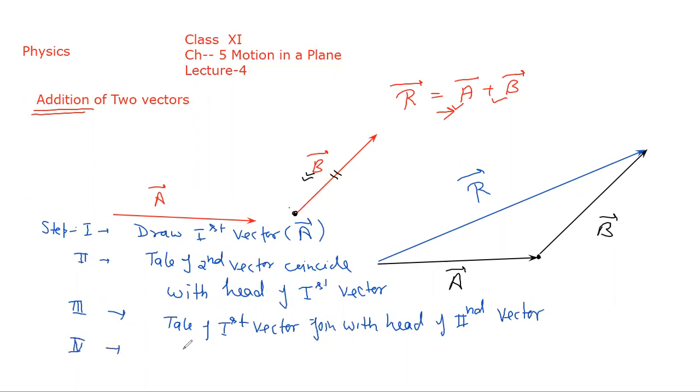And step 4: that is the final resultant, capital R. The resultant direction is tail to head. Tail to head. Okay, so note it down.